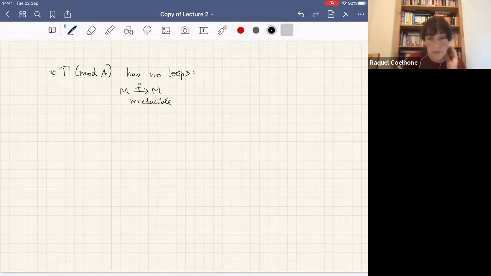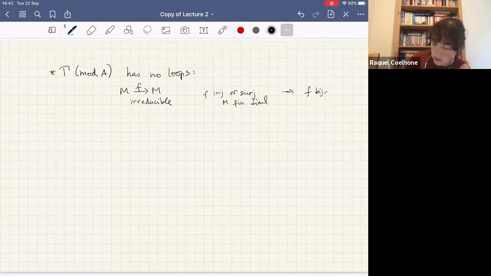But then M is finite dimensional, so this would imply that f is a bijection. But we've seen as well that an irreducible morphism can't be a bijection. So, contradiction. So it has no loops, and it's what we called locally finite.